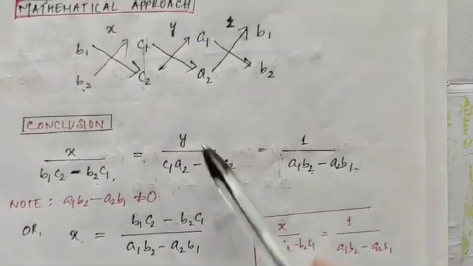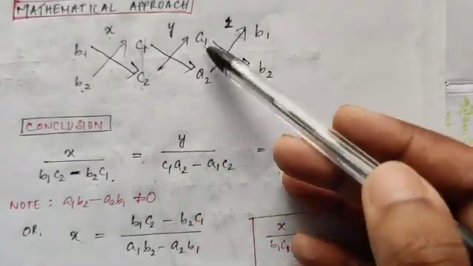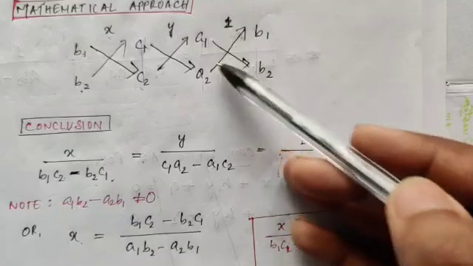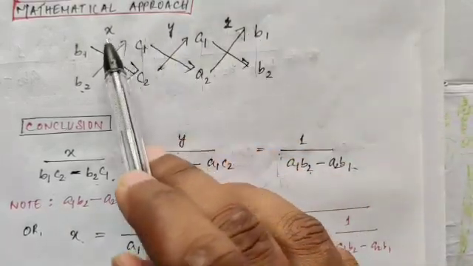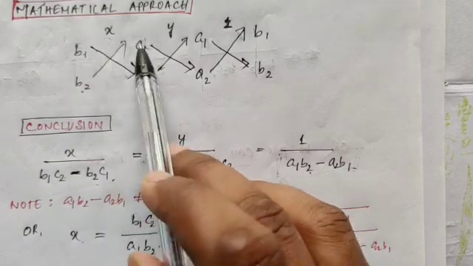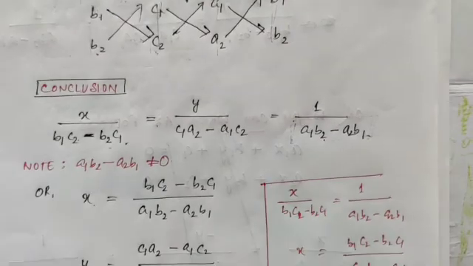To get the value of x, you cross multiply these two columns divided by the cross multiplication of these two columns of constant. Let us simply say, this gives the column of x, this the column of y, and this the column of constant value. In this way let us simplify.